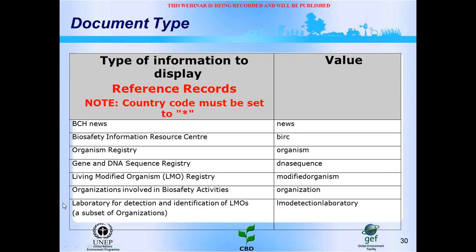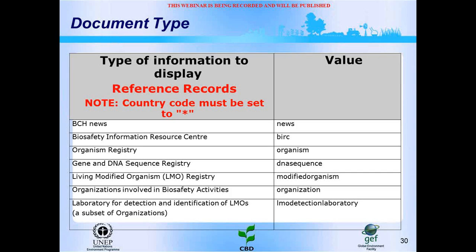Other types of records are document types that we can display in our websites, what we call the reference records. Remember, national records and reference records. These records are not from a specific country, and some kinds of them are the BCH News.